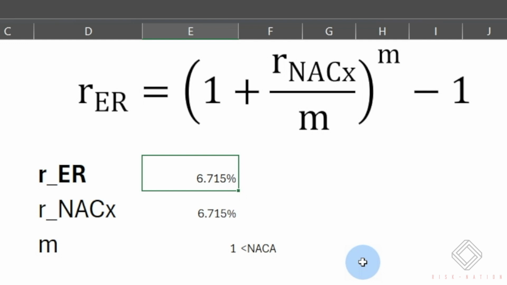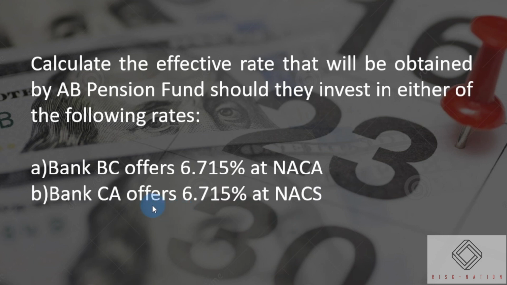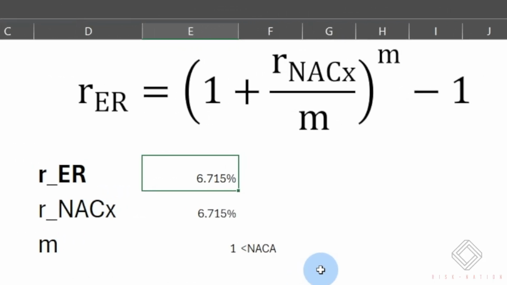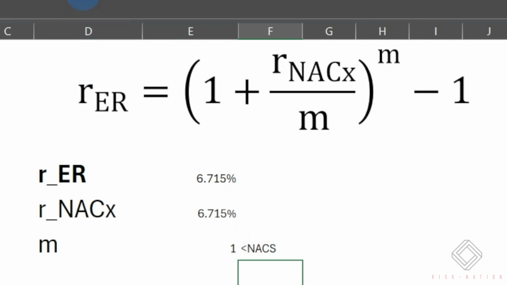Let's go to the second scenario, the second rate offered by a bank in our scenario. Here we have once again Bank CA offering a rate of 6.715, the same rate, but at a NACS rate. How will that impact our calculation? In this instance, we don't have NACA, we have, in fact, an NACS rate, which means there are two compounding frequencies in the year.